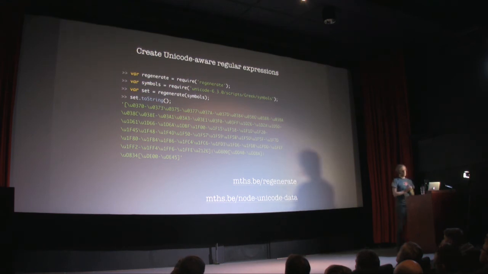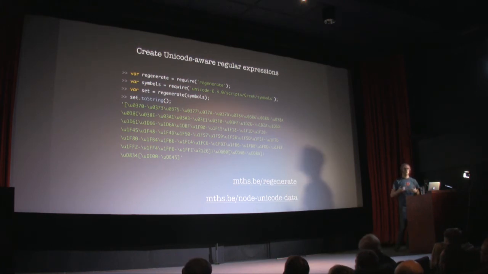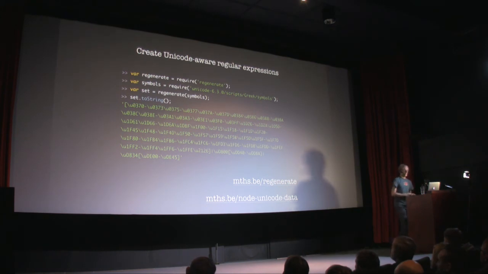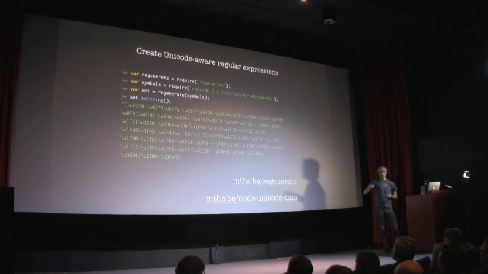Now, you may have noticed that I'm using the data for Unicode version 6.3 here, but Unicode version 7 has been out for a while. So imagine that this is some old script that you used once upon a time, and now that Unicode version 7 is out, you want to update your regular expression to use the latest Unicode data. Well, it would be a pain to start from scratch and write that regular expression by hand and try to update it manually.